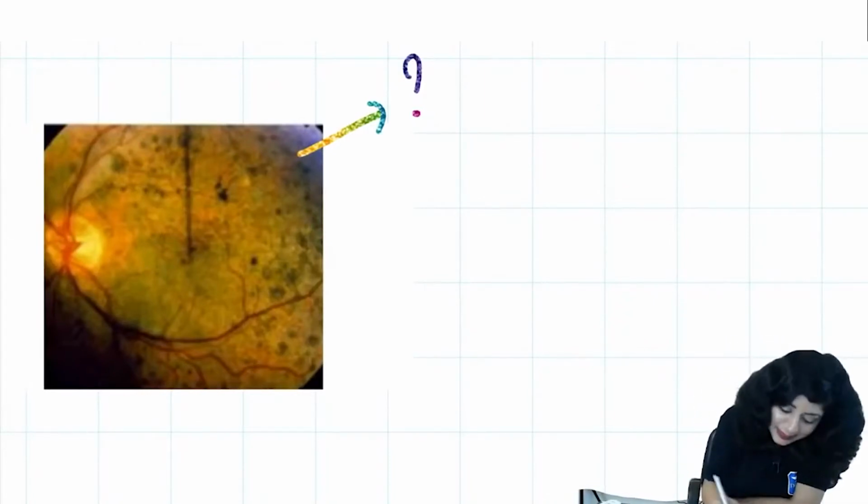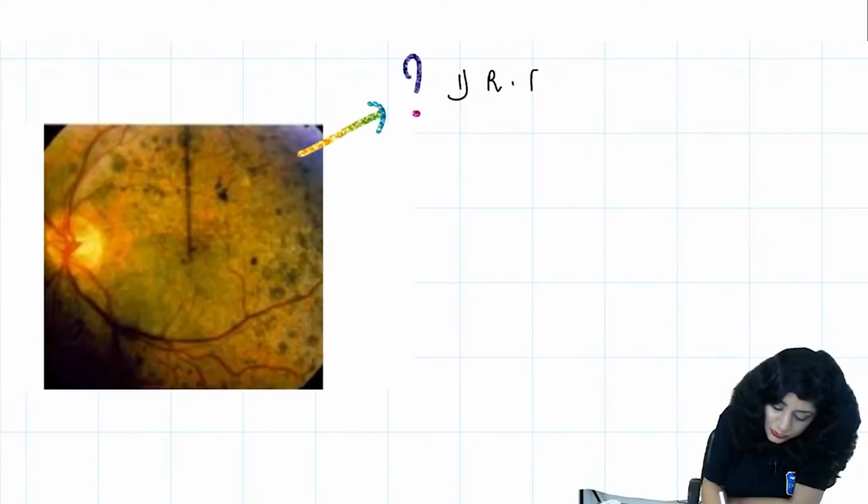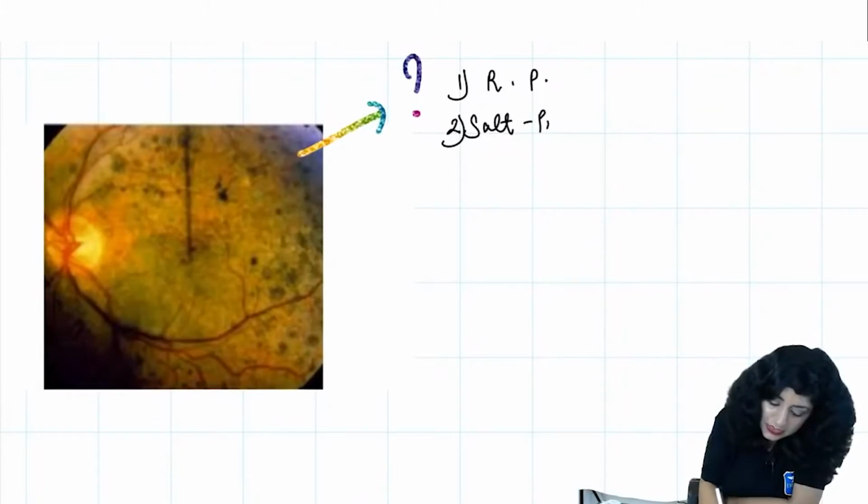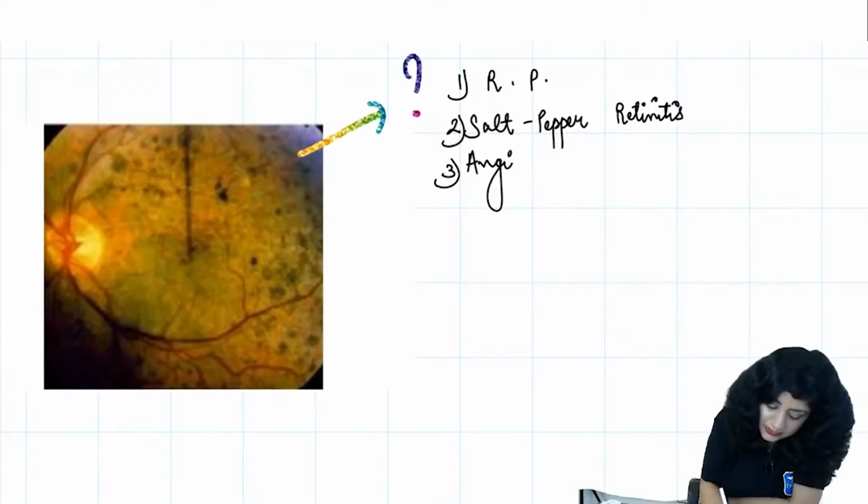I will give you some options. Option number 1, is it retinitis pigmentosa? And number 2, is it salt and pepper retinitis? Or is it the angioid streaks?